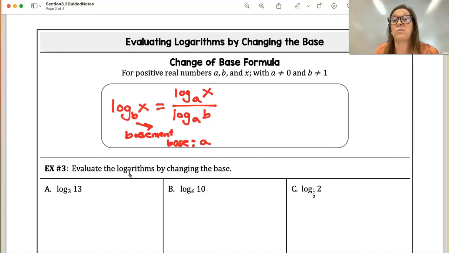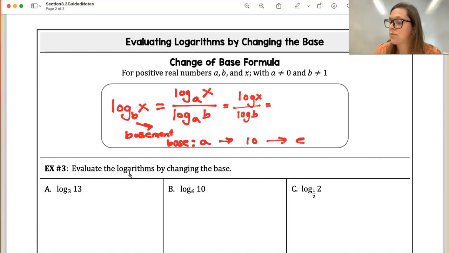But what I could do is make my base be a base of 10, because my calculator has a button for log base 10. We'll talk about that. So what I could do is just do log of x over log of b on my calculator. Or I could take it to a base of e, which is your natural log, where I could just do the natural log of x over the natural log of b.